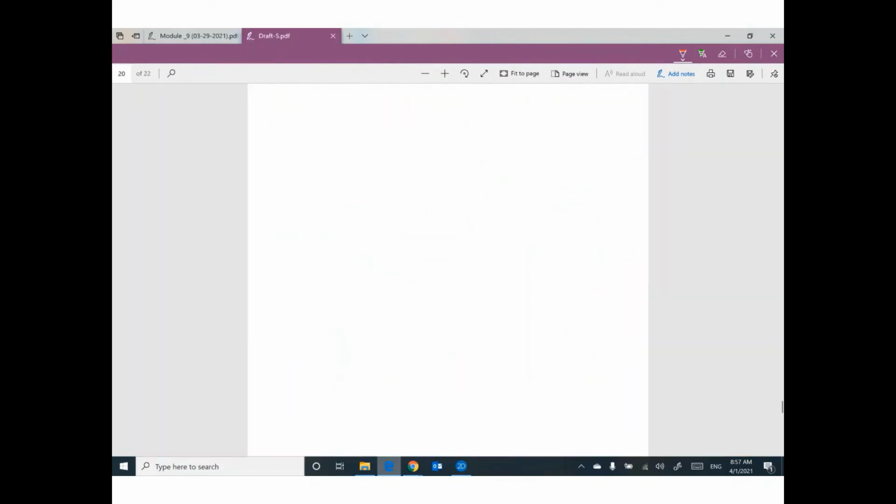Next step, step number 2. Here is the truss. I will remove everything: reactions, any external load, everything removed.